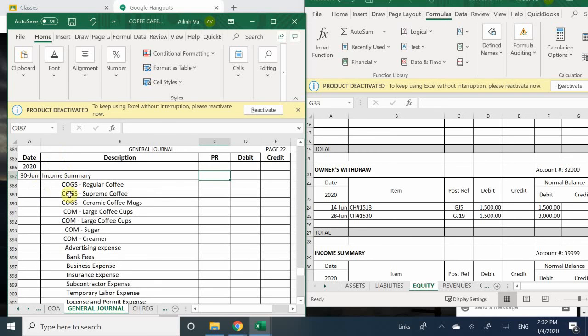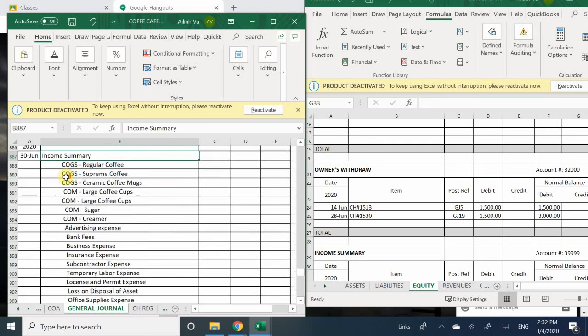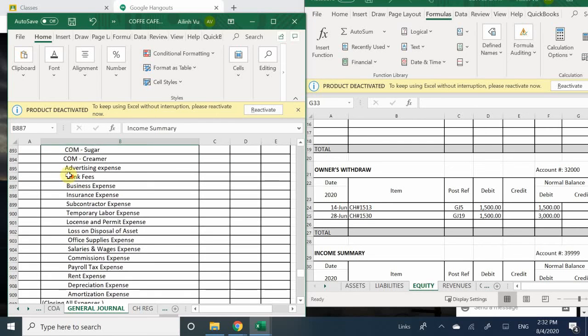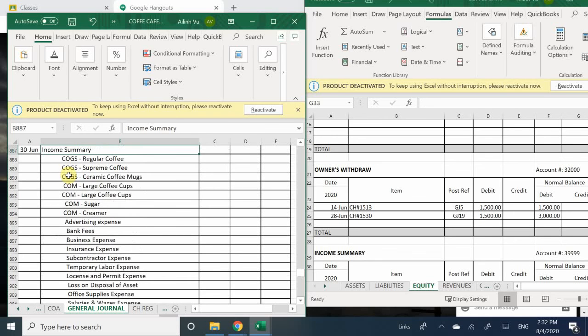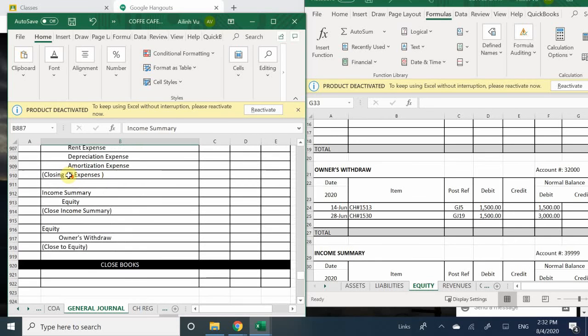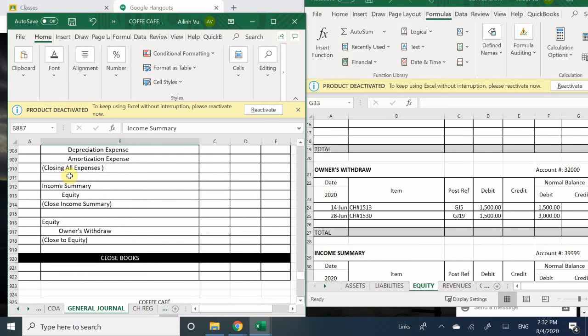And you're going to debit them all into the income summary. Once you put this number into the income summary, you should get either a credit or a debit balance, all right? In this case, you're more likely to get a credit balance. So what's going to happen is you're going to zero out the income summary into equity, okay?